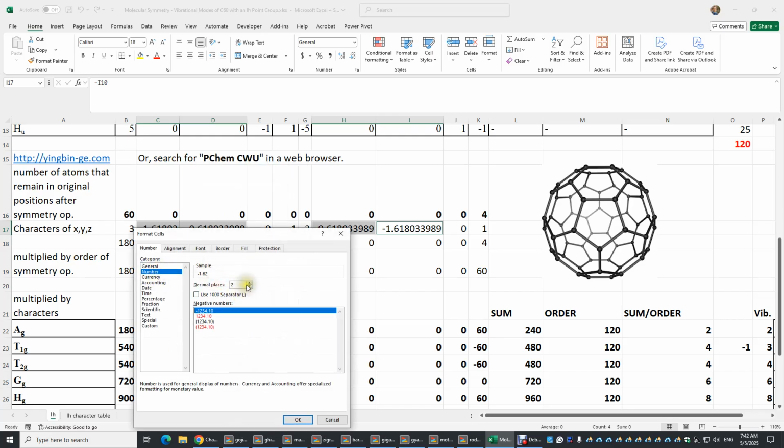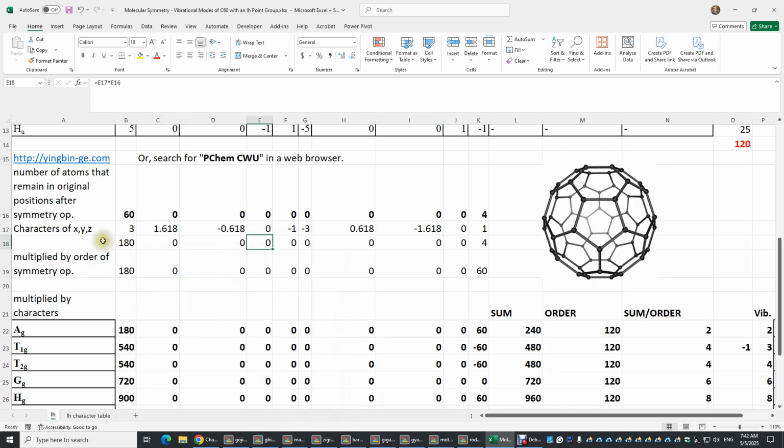Let's keep only 3 decimal places. It's easier to read. Alright, and we do a multiplication between this row and this row. Alright, 180 here, and because all these numbers are zeros, we don't have to worry about those columns, and then 4 times 1 is 4. Now we have the products. We have only 2 non-zero numbers, 180 and 4.